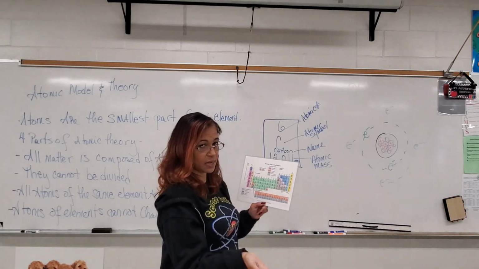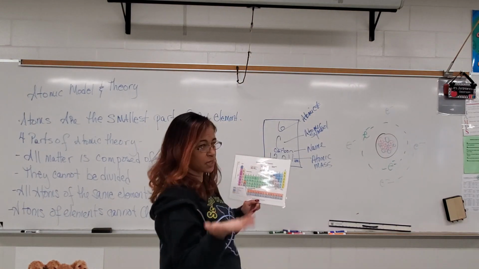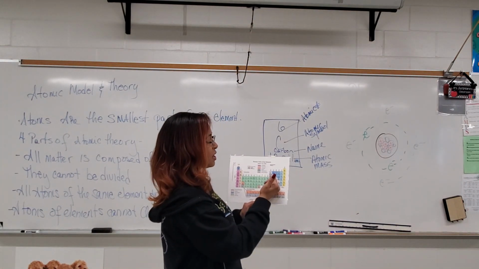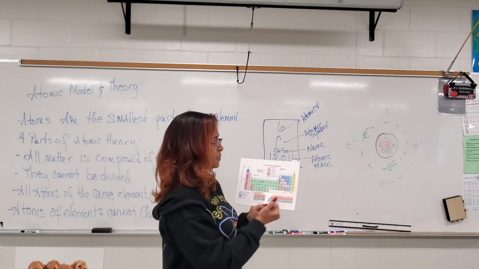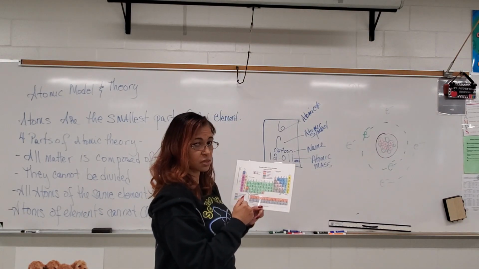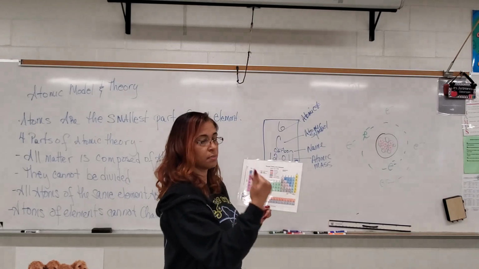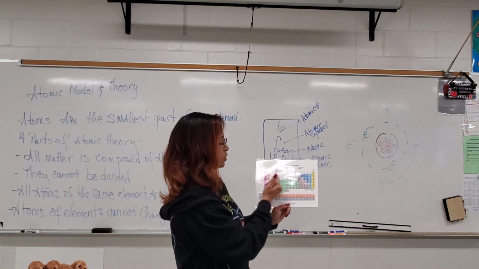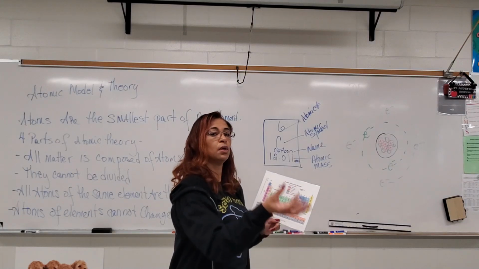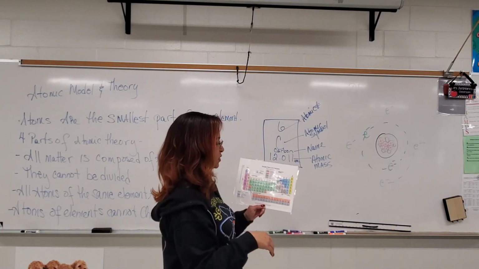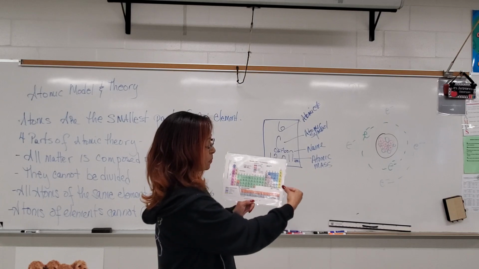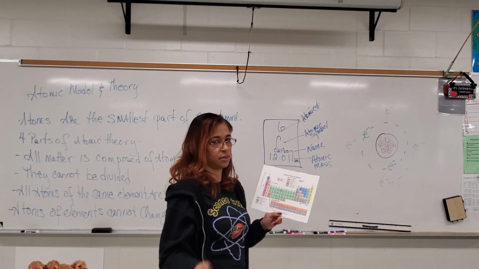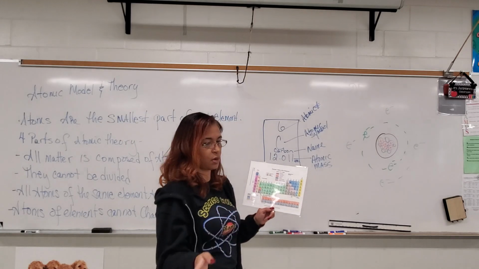They tend to form diatomic molecules. I don't think you need to know that, but that's just one of their characteristics. All right, everything after carbon tends to form negative ions because they gain electrons, and the first 3 groups 1, 2, and 3A, they tend to lose electrons and become positively charged. This group, the noble gases, they do not bond with anything at all.